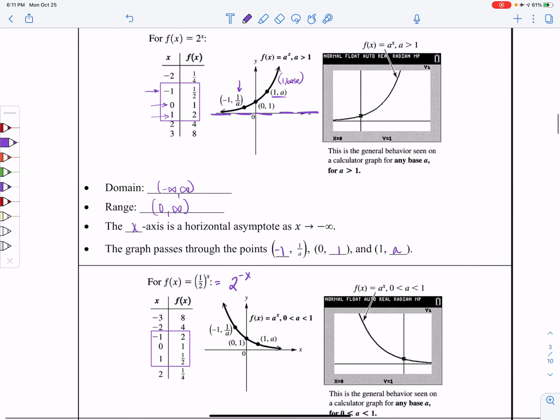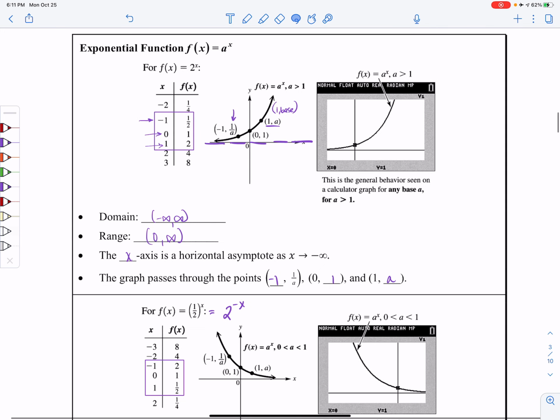Now, can you look at these 2 graphs and ask yourself what kind of a transformation occurs between this parent and this one? And hopefully you'll respond with, oh, it looks like it was reflected over the y-axis. And you remember from earlier in chapters 1 and 2, a reflection over the y-axis occurs when I have a negative on the variable.